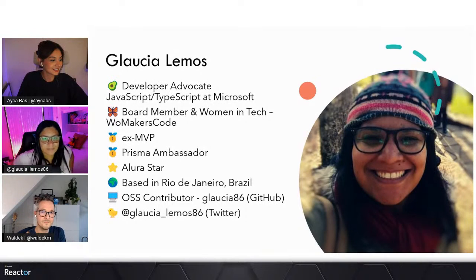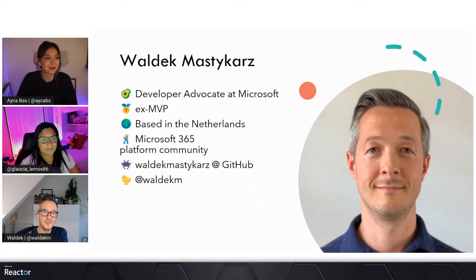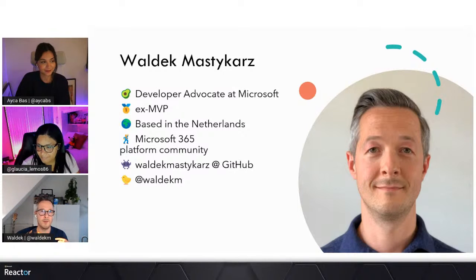Hey, everybody. Great to be here and great to meet all of you, even though I cannot see all of you, but I can see you in the chat. And I hope that I will be able to see all of the cool work that you will do over the coming weeks. I'm also a dev advocate at Microsoft. I focus on Microsoft 365, meaning Microsoft Teams, Graph, SharePoint, Viva, Outlook, whatever there is that is a part of Microsoft 365. I've worked on it for a few years.